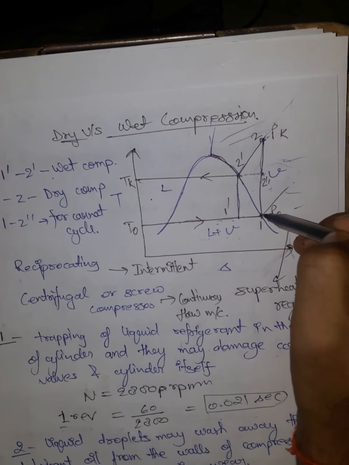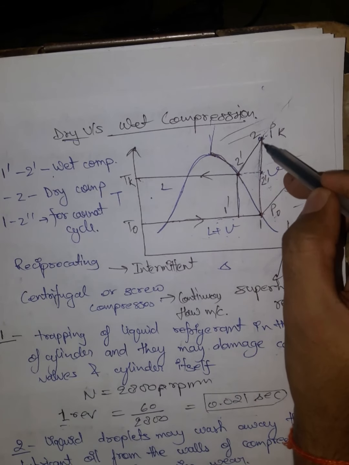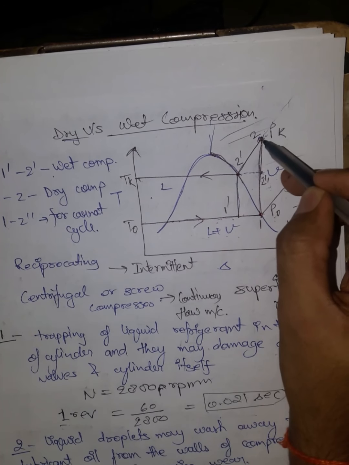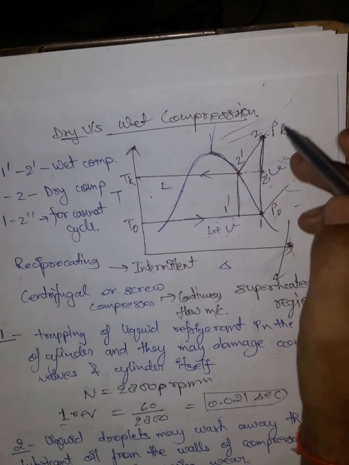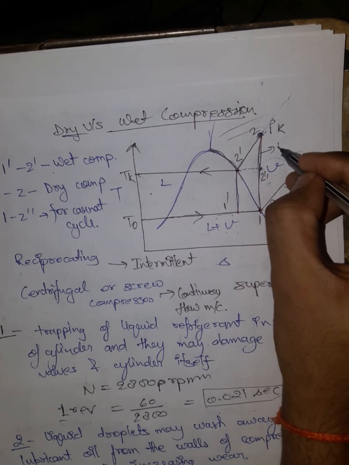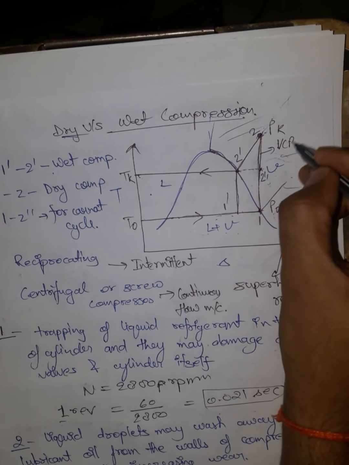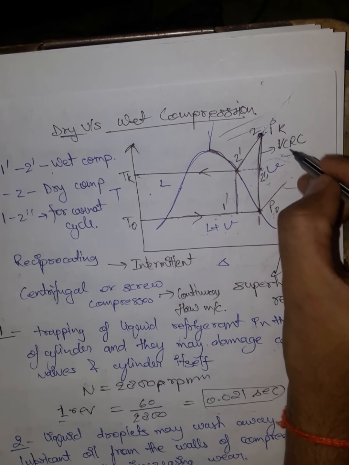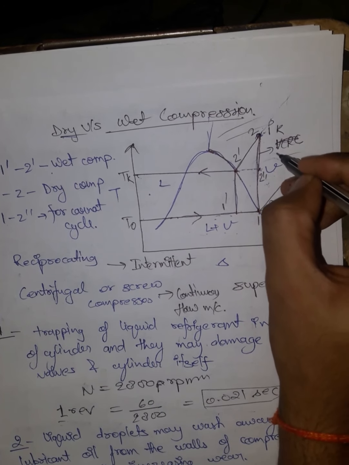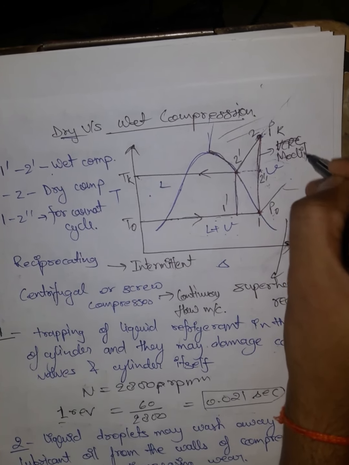So from the point 1 we are compressing it to the point 2 over here. This is the actual, or you can say the VCRC compression or the practical compression cycle. This is the modified compression.